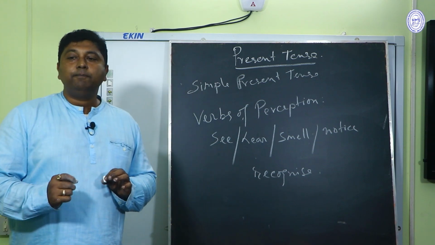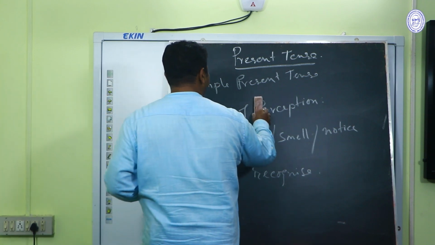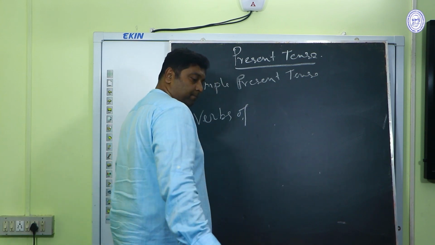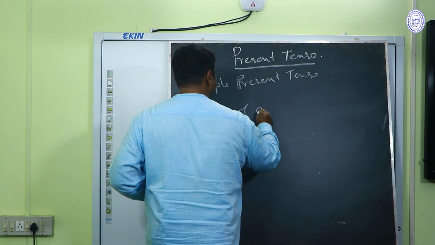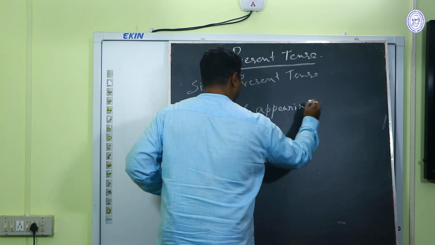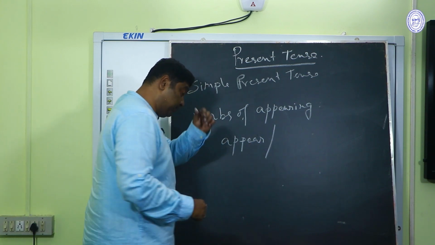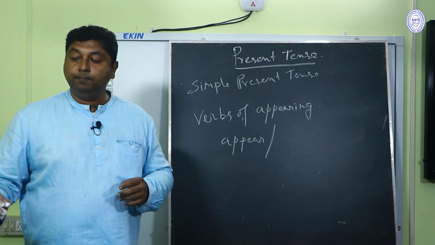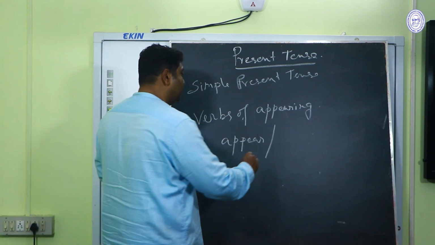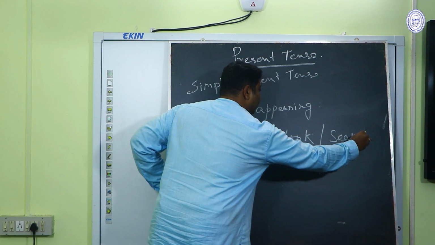Next, the verbs of appearing. What are they? Appear, look, seem. Okay.